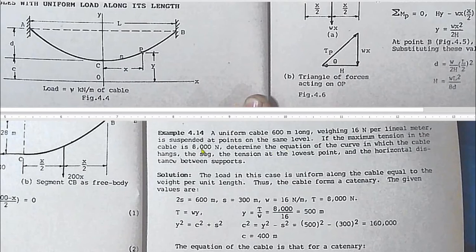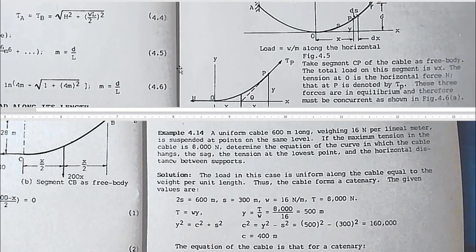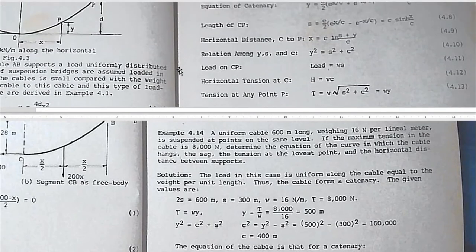So, obviously, this occurs, yung 8,000 newton na yan, occurs at point C. And that equation is horizontal tension at C, which is capital H. So you can say that capital H is 8,000 newtons.